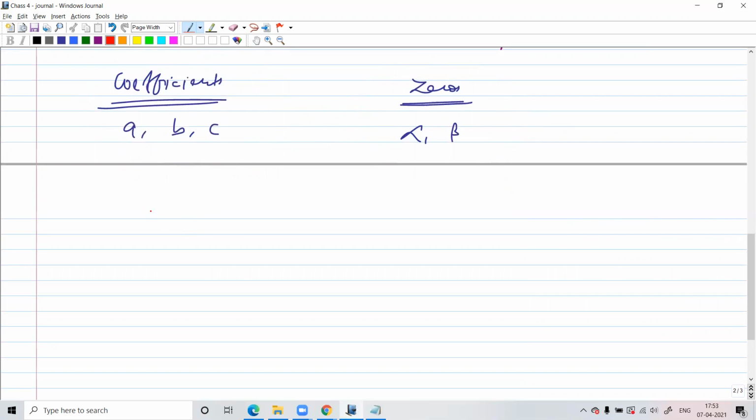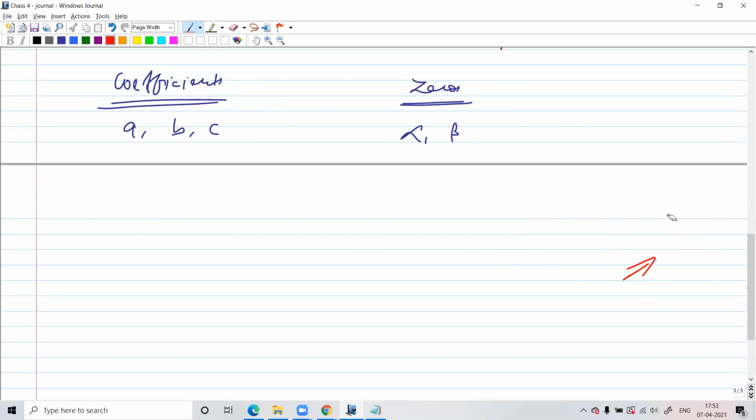I'm asking, anyone remembers what is the relation between these alpha, beta, and ABC? Like I said, for a linear polynomial, alpha was equal to minus b by a. So like this relation, do you remember for quadratic, what is the relation?